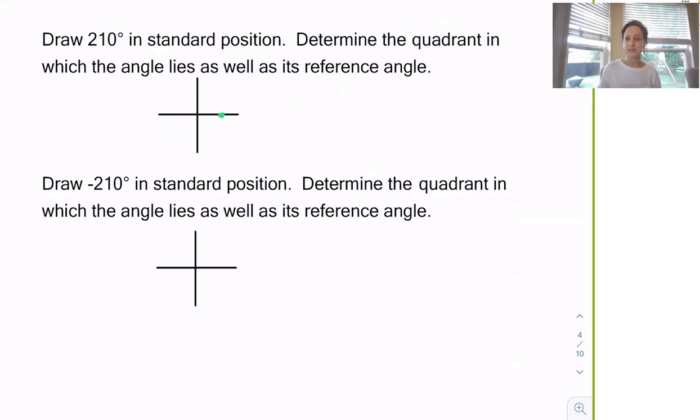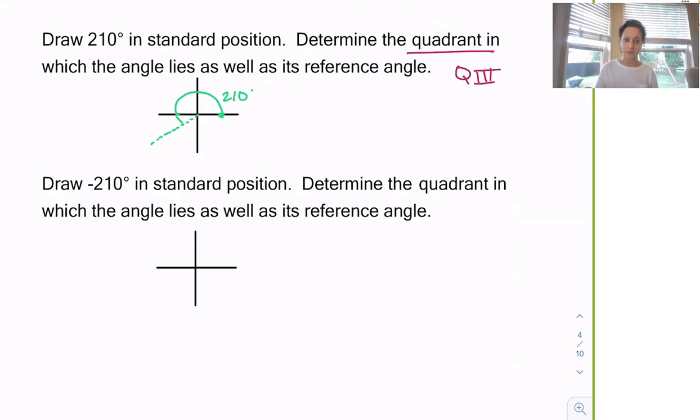So again, I'm going to start at the positive x-axis and go counterclockwise. So I know this is 180, so I am going to need 30 more degrees here, so approximately there. So that's 210, okay? Then it says determine the quadrant. So I can tell it terminates or it ends in quadrant 3, right? And then we also want to know the reference angle.